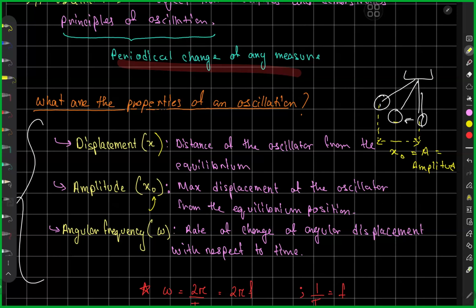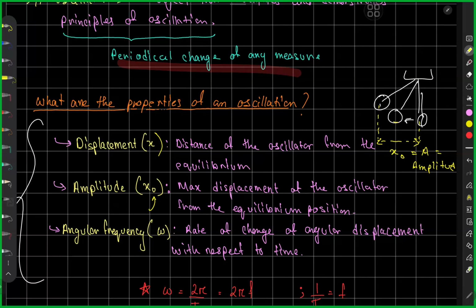So now amplitude is basically whenever you have any amount of maximum displacement, we call that amplitude. In this example, whenever you displace it to the maximum position, release it and it starts swinging, even at that position, that is the amplitude.